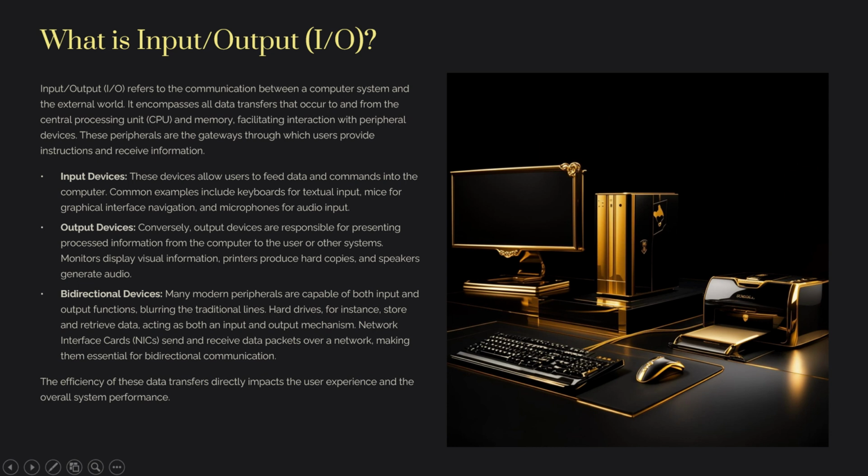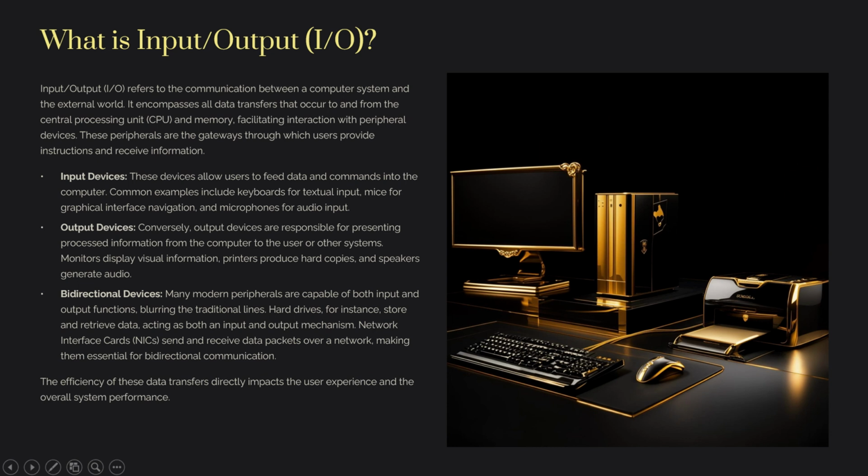Those are the ones that display the information. They process data and display it to the users, converting digital data into human perceivable forms. For example, the visual format: that's what the monitors and the projectors do. Audio, which are the speakers and the headphones, and the physical ones are the printers and those sorts.